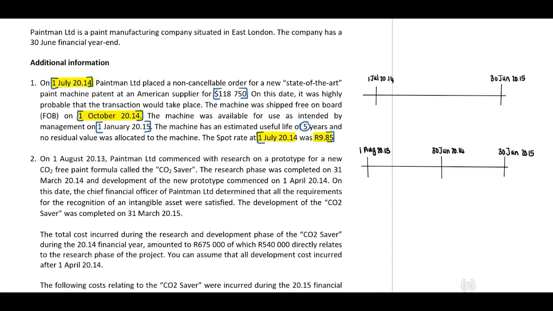Therefore, guys, we can identify that we may recognize our asset for the 2015 financial year, and we will have to start with our depreciation on 1 January 2015 when the asset is available for use as intended by management.